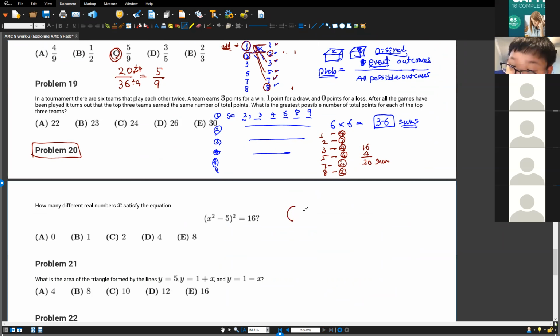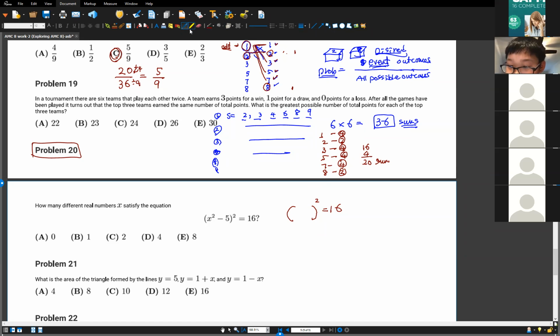First, we can try some number squared is 16. What is inside these numbers? Anybody know this one? Well, 4 squared is 16. That's true, right?